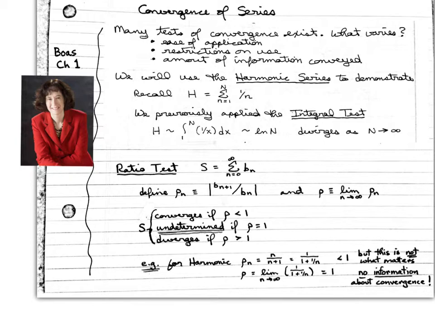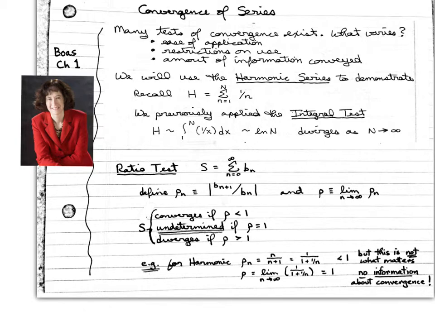Now, this precise ratio that you've built is not exactly what you want. What you need to do is take the limit of that ratio as n goes to infinity, so you're looking out way at the far end of the series. We call that limit simply rho, whereas rho sub n relates to particular terms in the series.